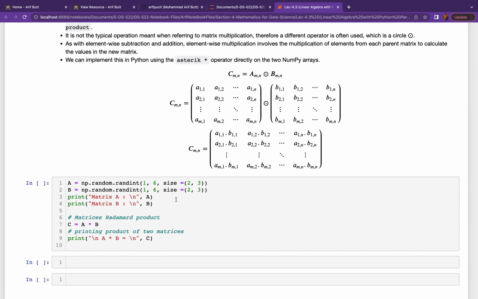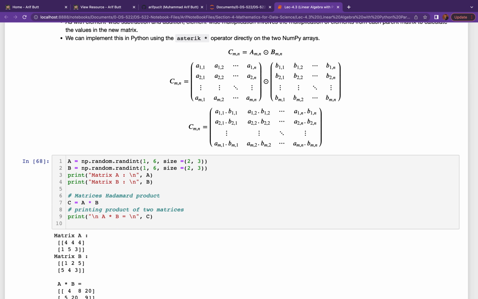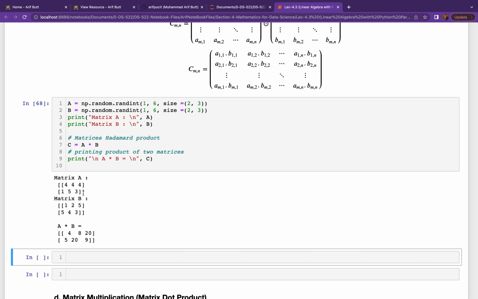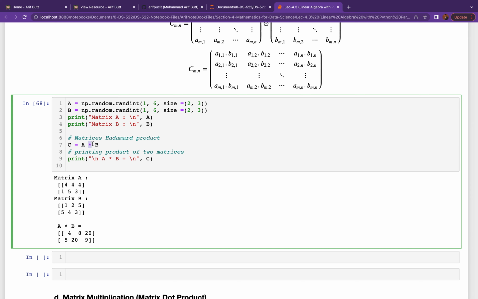See, the size is the same. So these are the two matrices, matrix A and B, and this is the Hadamard product of these two matrices, element by element multiplication. And for Hadamard product, you use this symbol, asterisk operator, in Python.